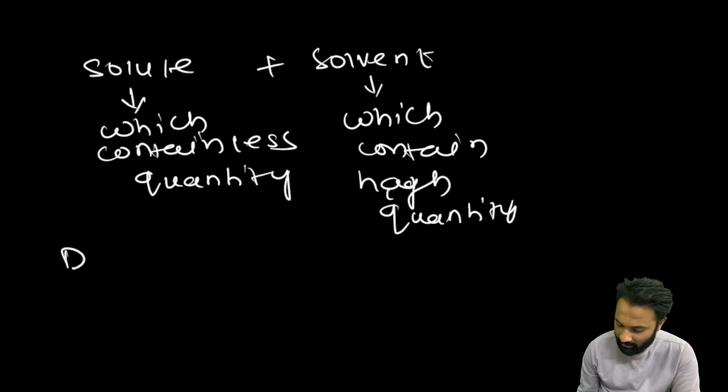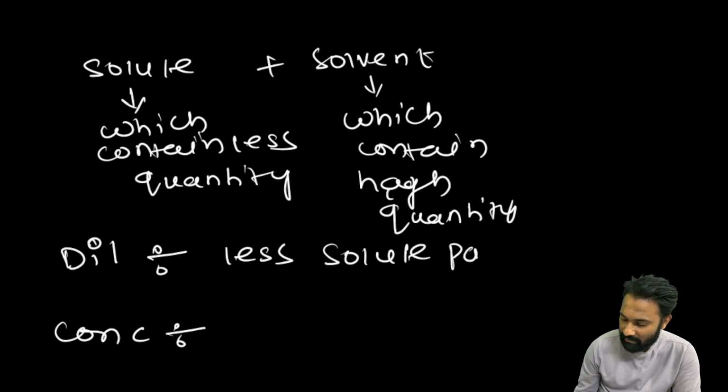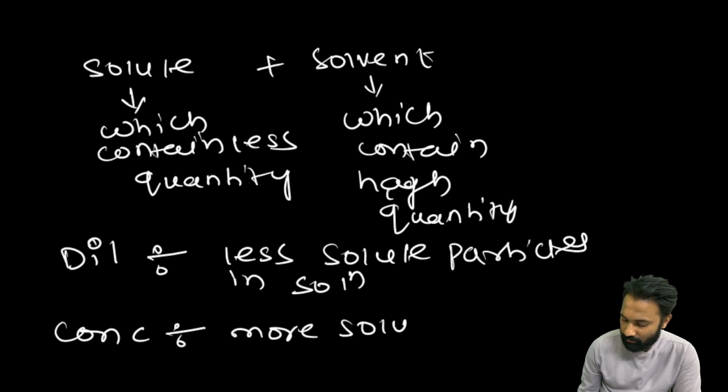Next, we have studied the dilute and the concentrated. What is the meaning of dilute? Dilute means fewer solute particles in the solution. What is the meaning of concentrated? More solute particles.